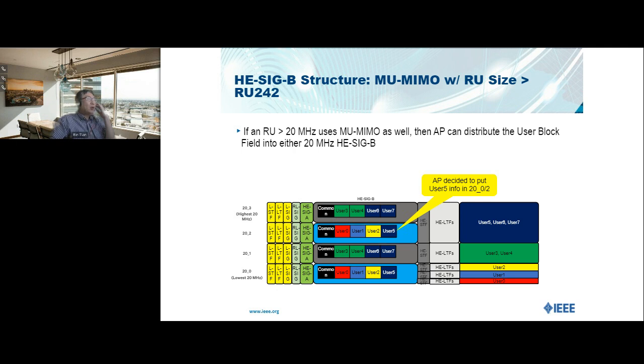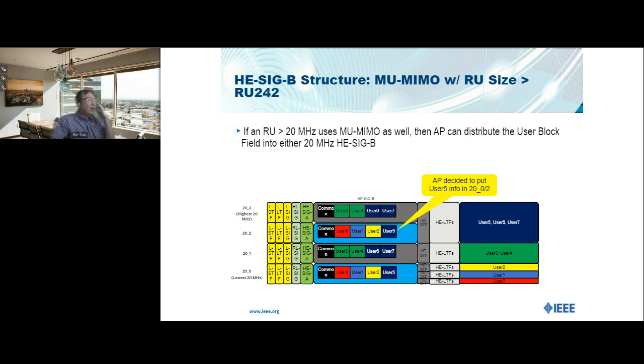For the plot we're drawing below here, look at users 5, 6, 7. They span the upper 40 MHz, okay? So their user information assignment can be sent with both content channel 1 and content channel 2. If you look at content channel 1, which is sent at 20-0 and 20-2, I can put user 5 here.